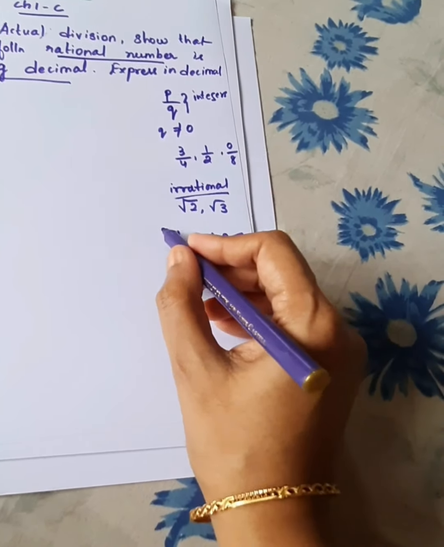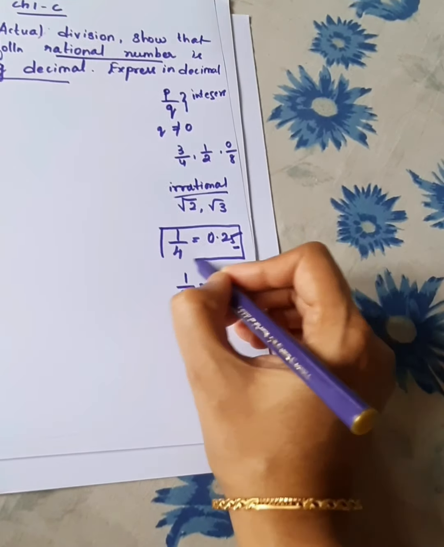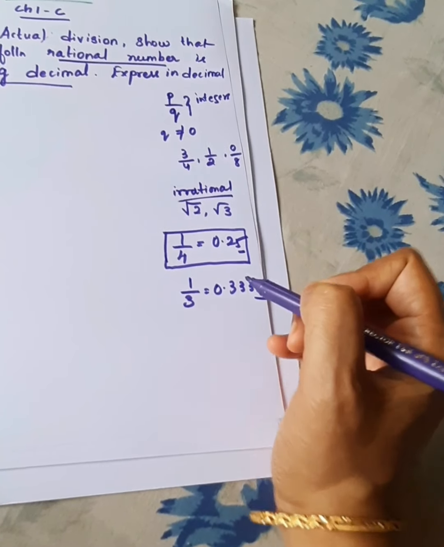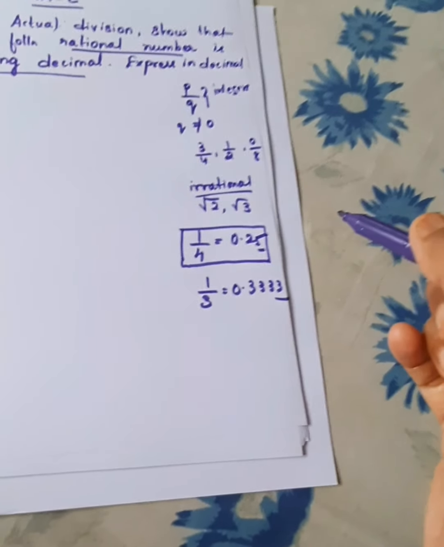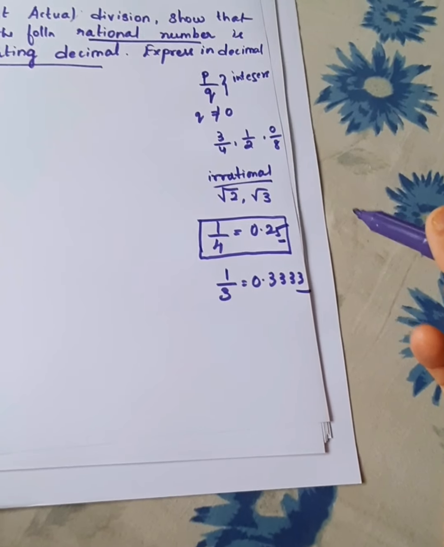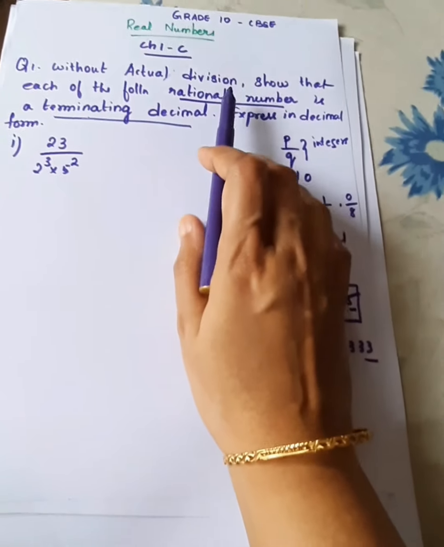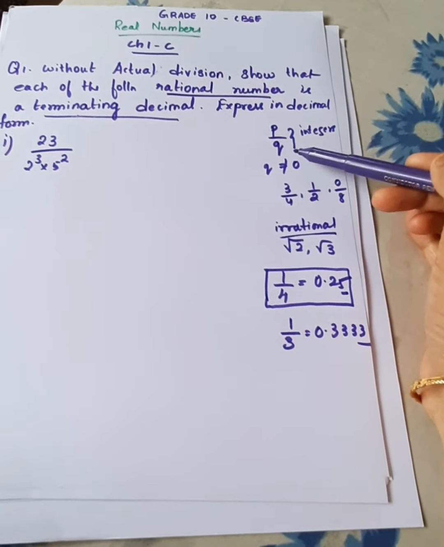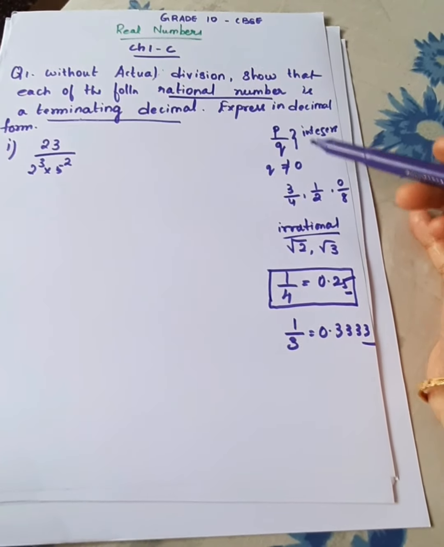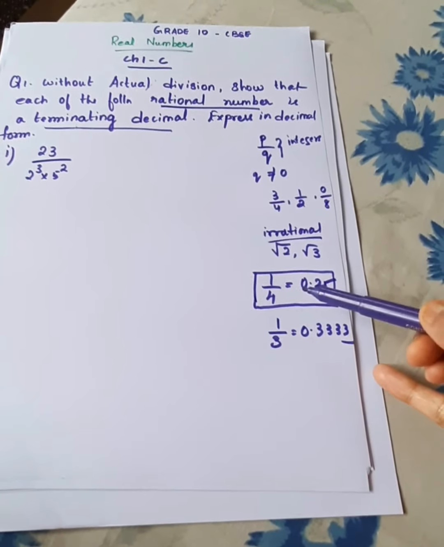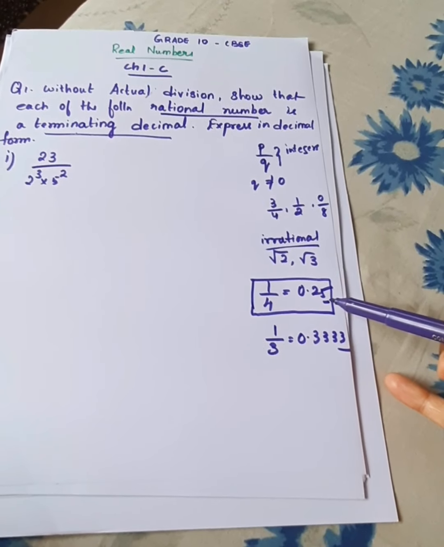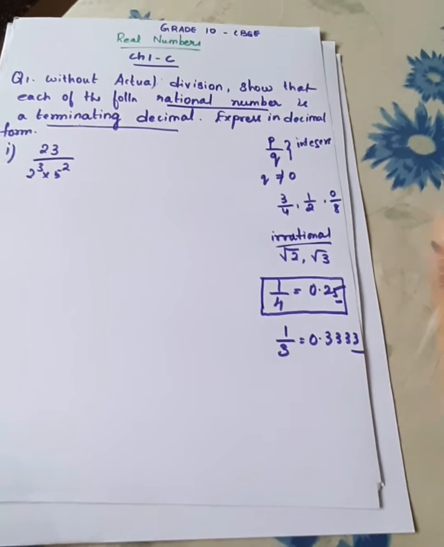So what is a rational number with a terminating decimal? We're going to check for this question 1's condition. Here P by Q is an integer and Q is not equal to 0 for the rational number satisfying the condition. The decimal terminates.